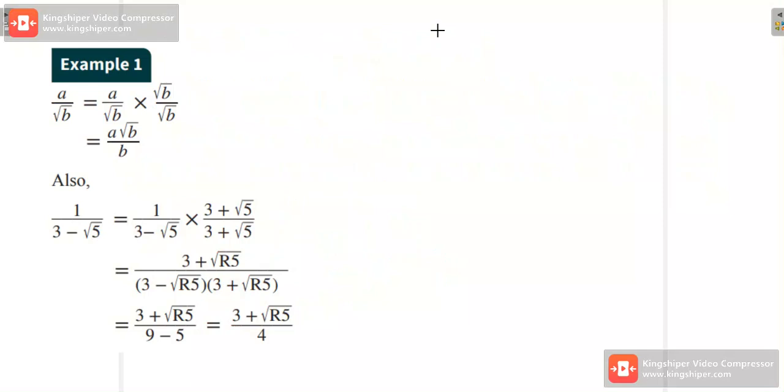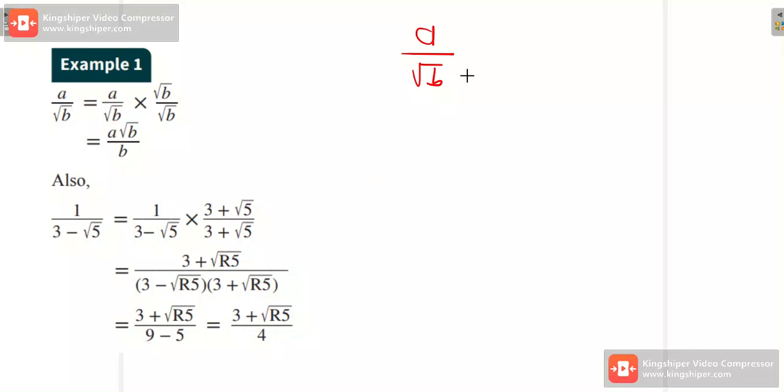A over root of B. A divided by root of B. We can see that the denominator is an irrational number, that is a surd. But we are saying that the denominator is not supposed to be an irrational number. Therefore, we have to convert it to a rational number by the process of rationalization.